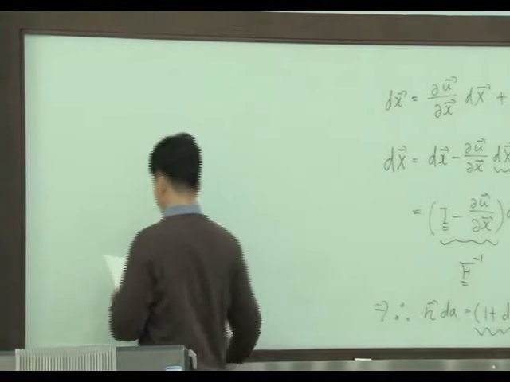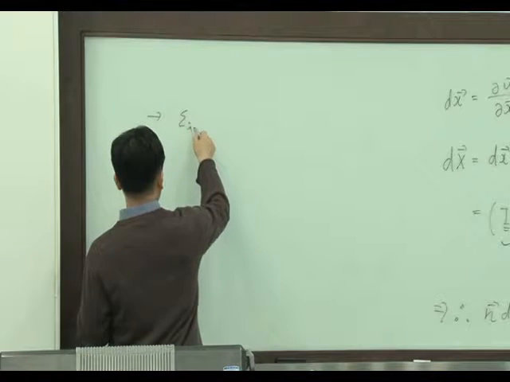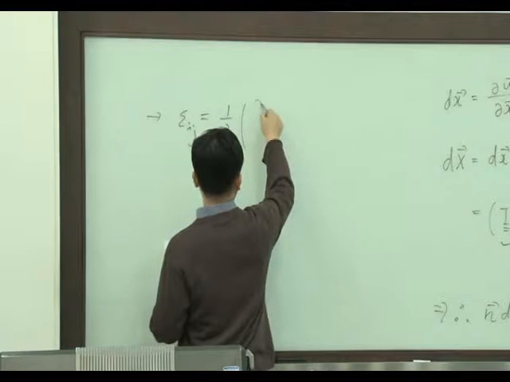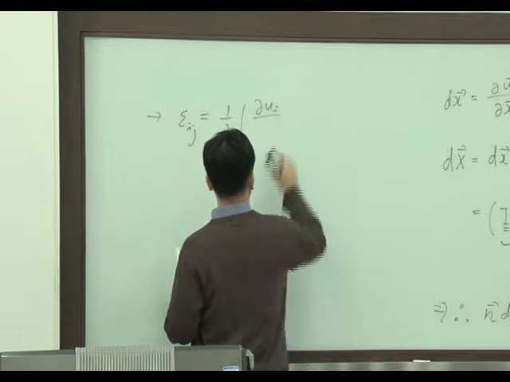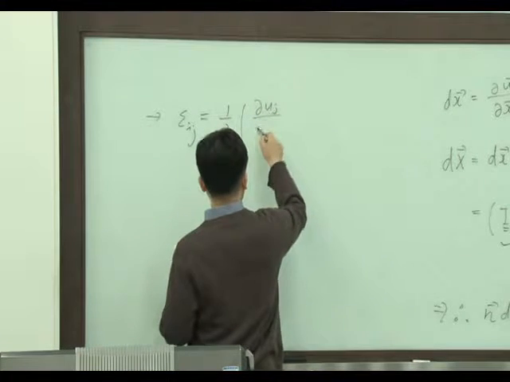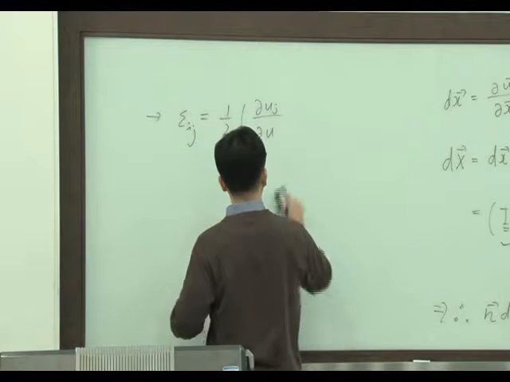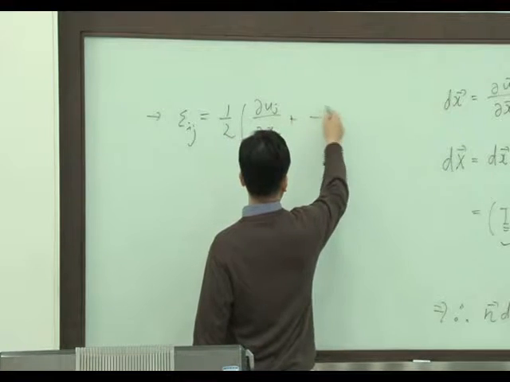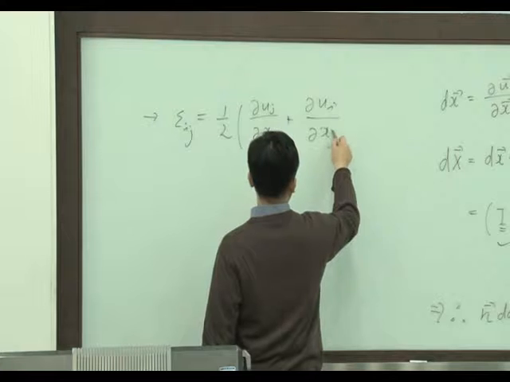So the small strain tensor in tensor form: epsilon_ij equals 1/2 times partial u_i over partial x_j plus partial u_j over partial x_i.